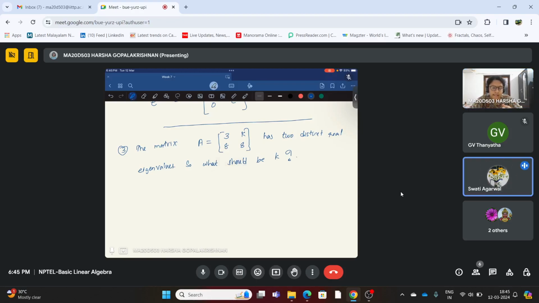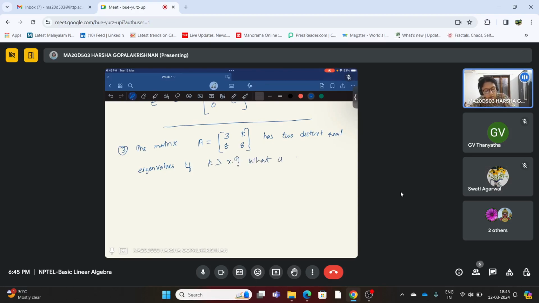One can be 8 itself, right? Because it is symmetric, then it will definitely have. Yes, it is fine, but in general, let me just rewrite the question. If K is greater than x, so what is x?